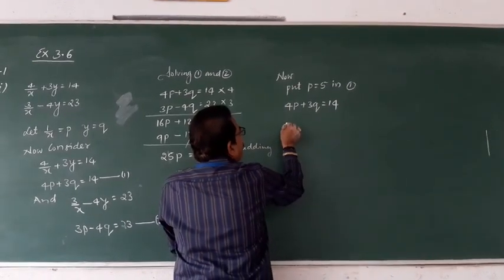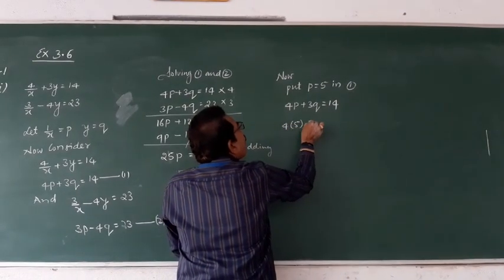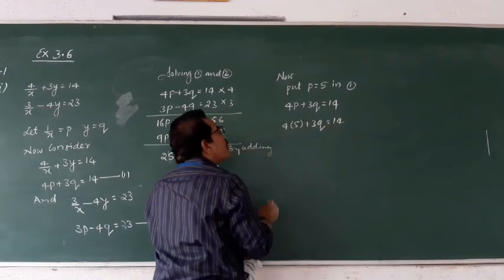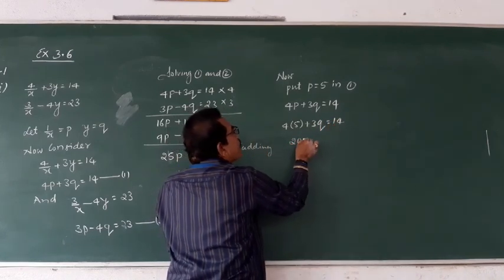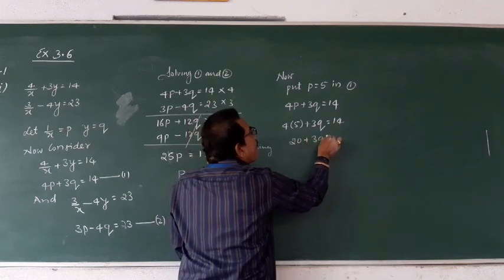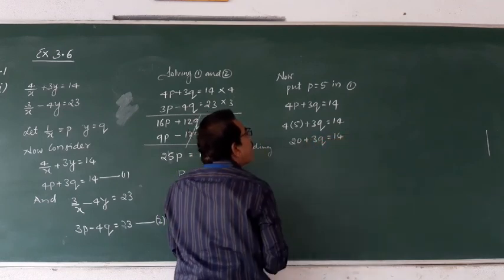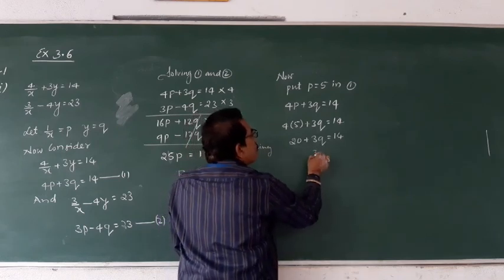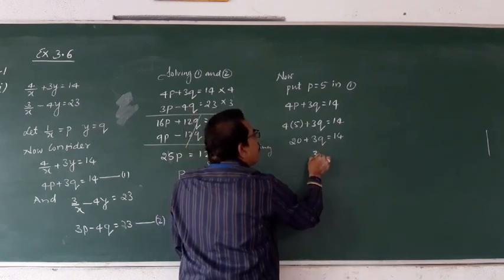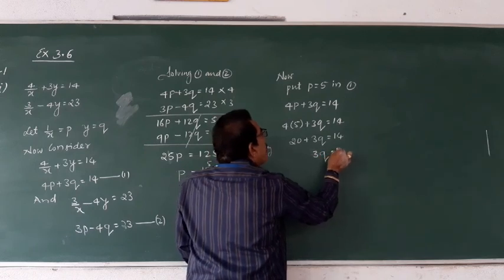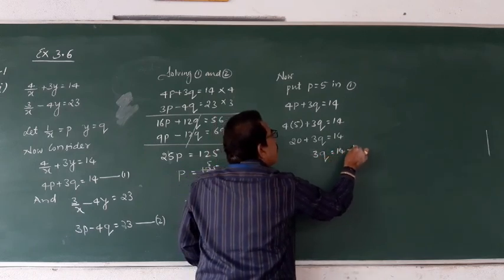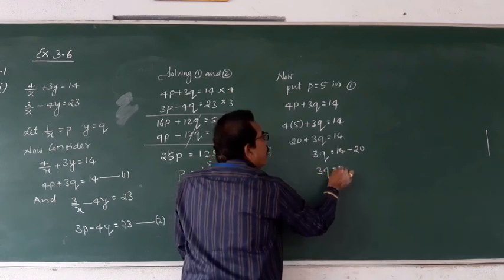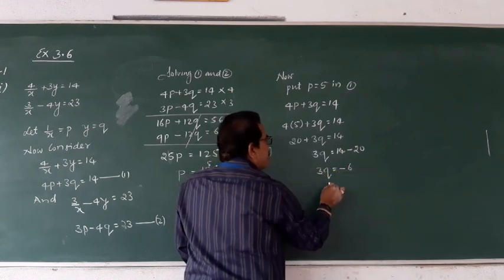Now 3q equals to 14, 4 5s are 20. So 3q equals to 14 minus 20. 3q equals to minus 6.